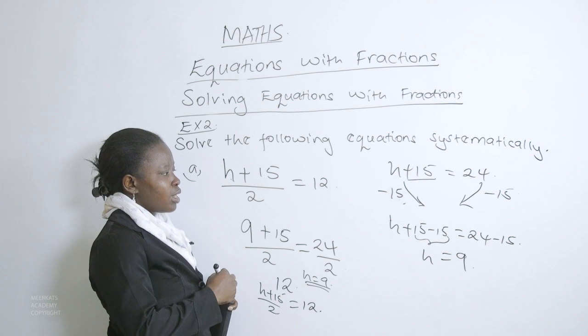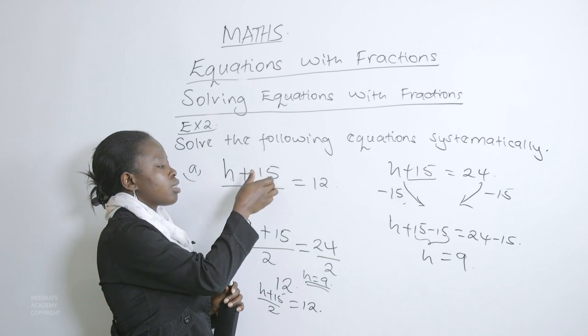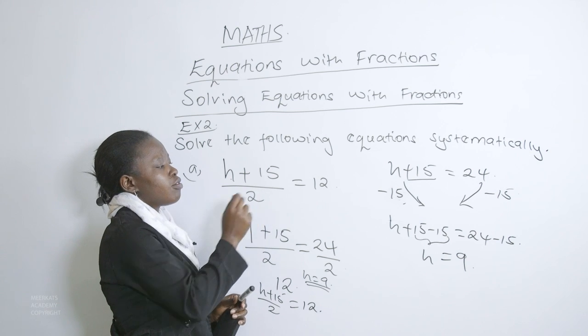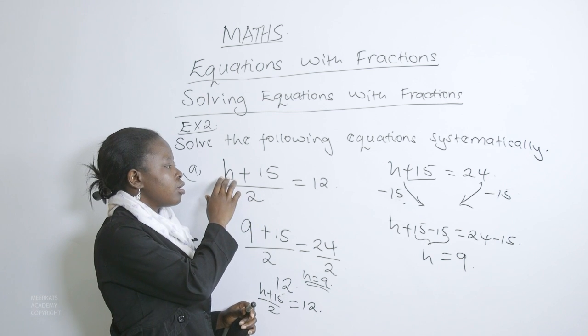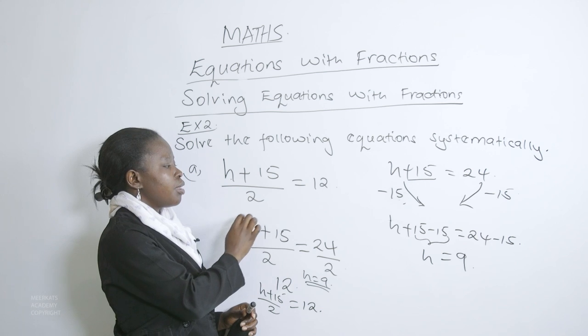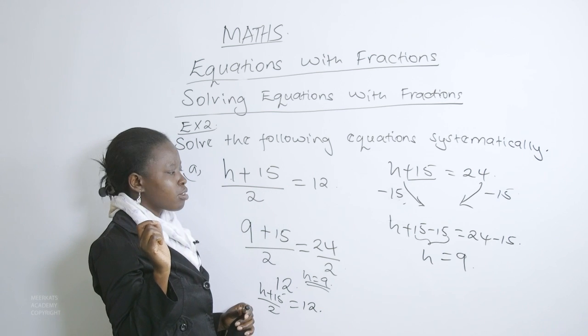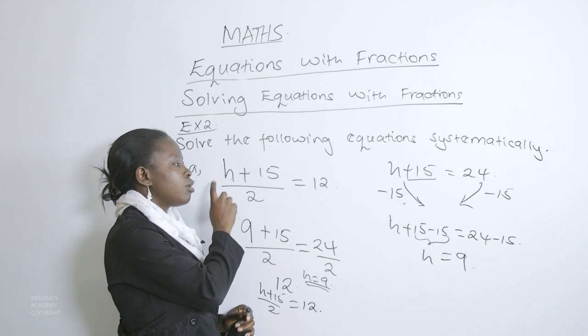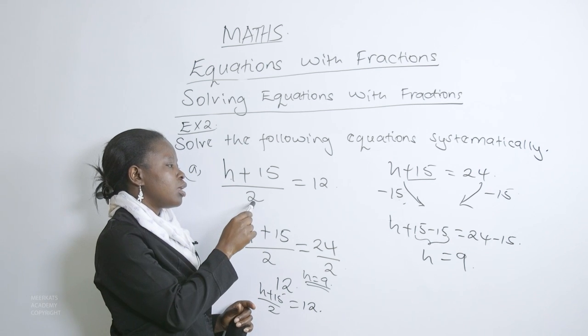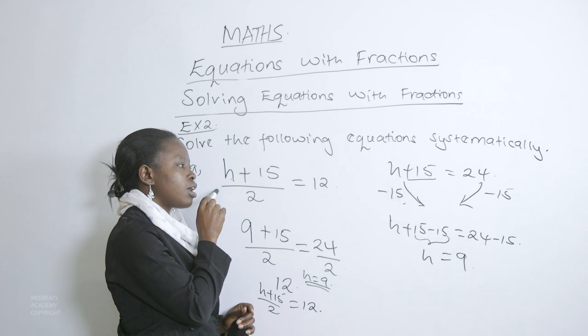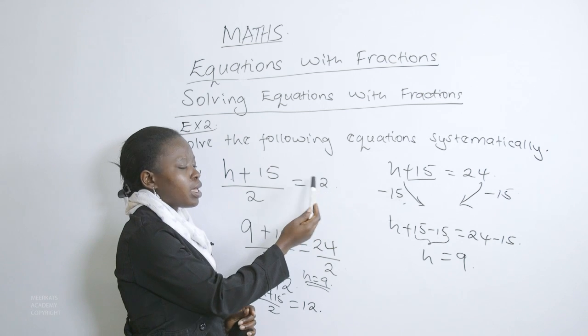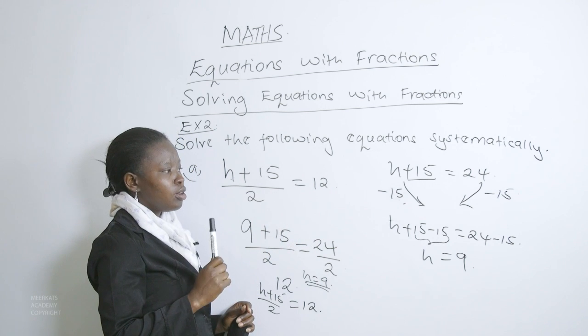So we are finding that when you are having the denominator covering all of the values on the numerator, then the first step that is carried out is multiplying both sides by the denominator. Multiply the left-hand side by the denominator, multiply the right-hand side by the denominator.